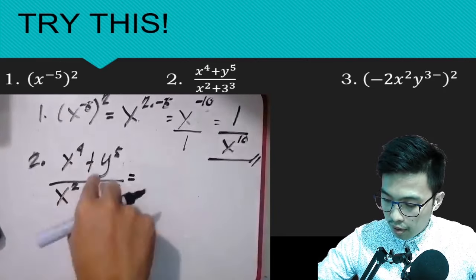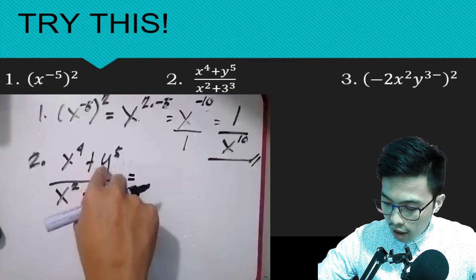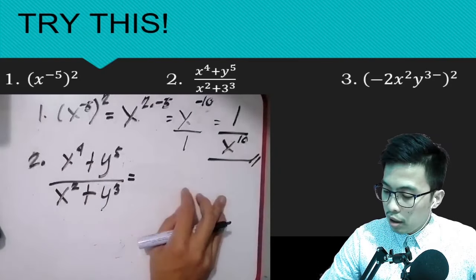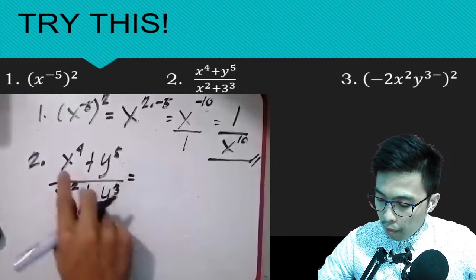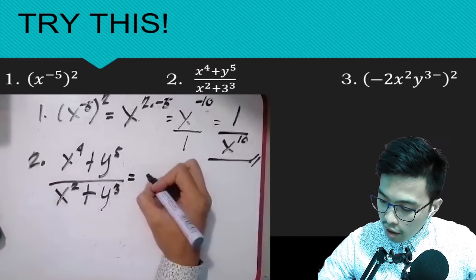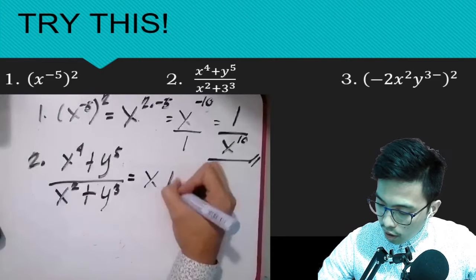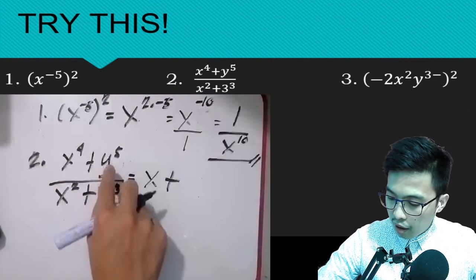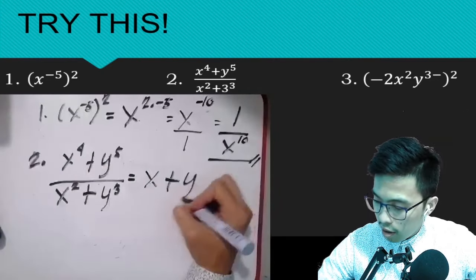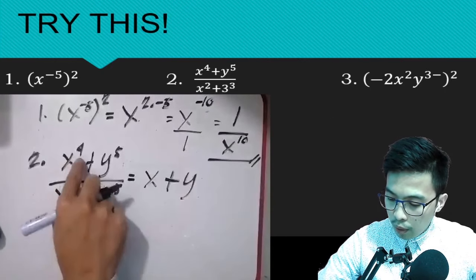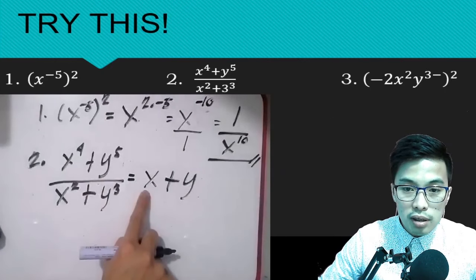Okay? So, again, we copy the base, which is x here, and then we copy the operation, which is plus. Okay? Meron na naman siyang isang variable, which is y. Okay? So, first is we go here with the first variable, which is x.